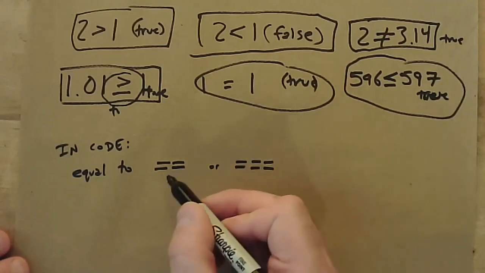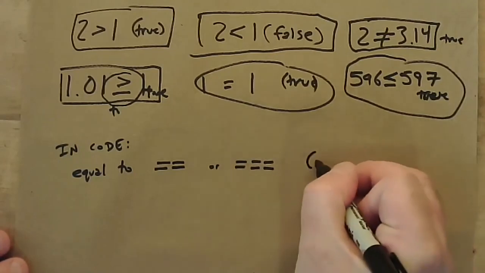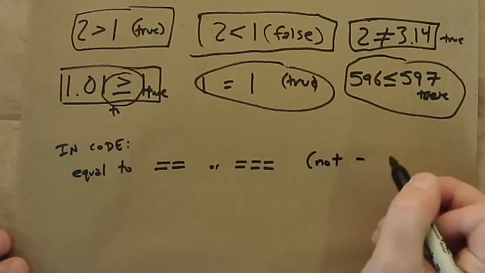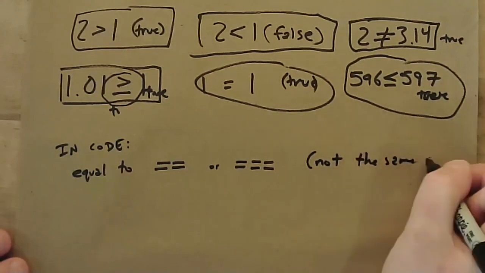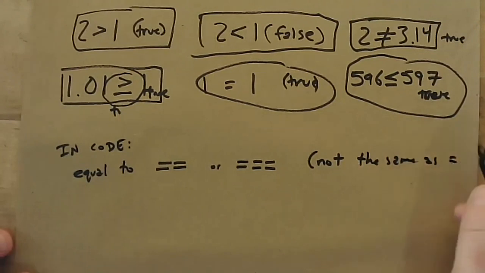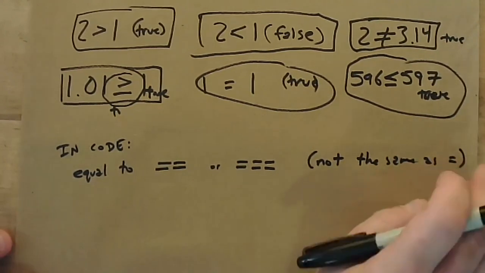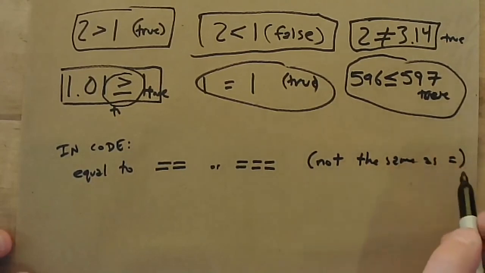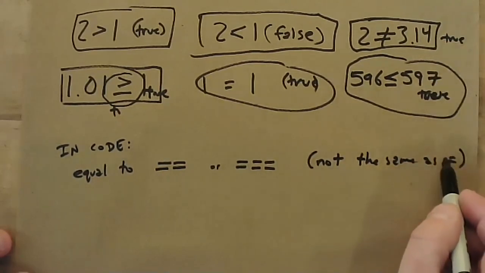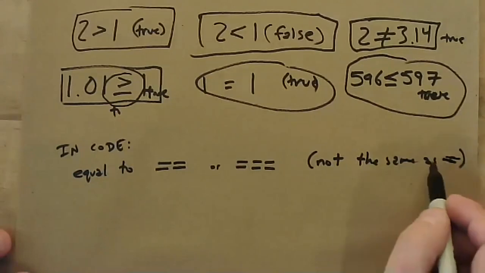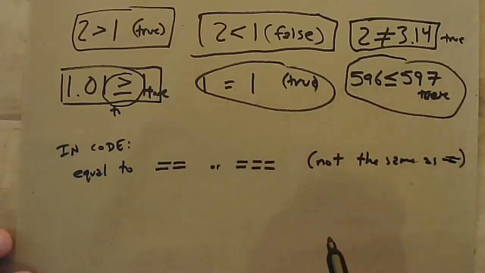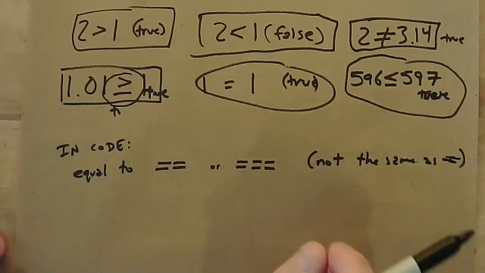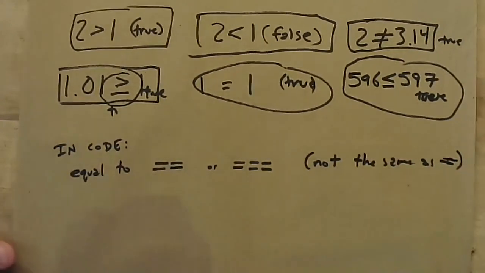And I'll just put in parentheses, not the same as equal. A single equal sign is not used as a comparator. So we are not going to be using a single equal sign in the same way that we use double or triple equal signs in conditional statements.